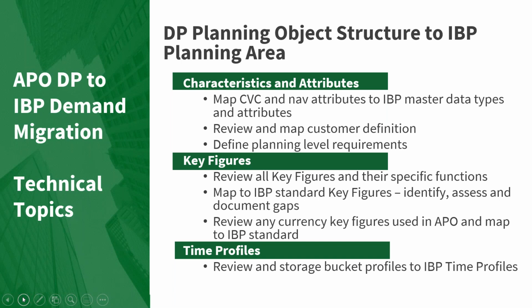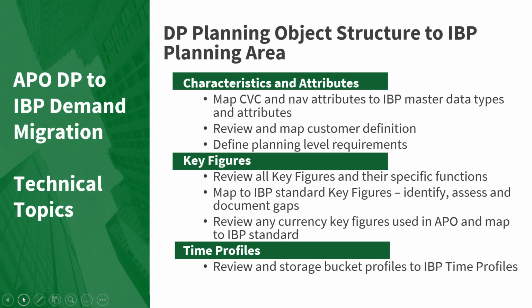You would say a planning area in both systems, but they take a different tack to it. If you look at the main components, you'd have characteristics and attributes. So how do we get what's coming out of the demand planning toolset? And we're going to assume that you're using demand planning today and you're migrating.